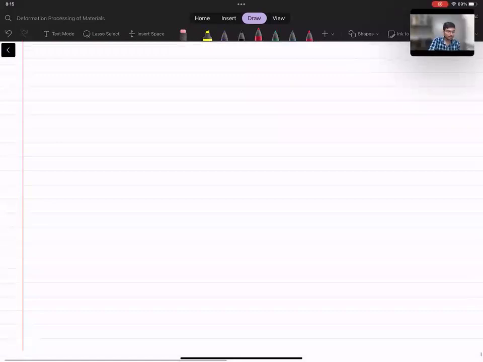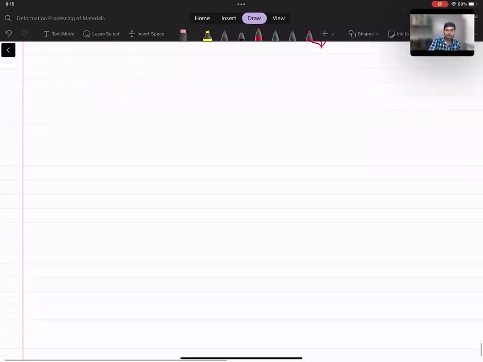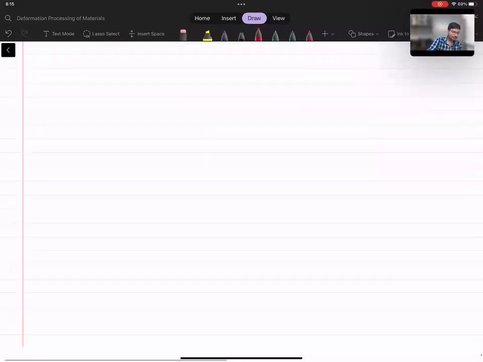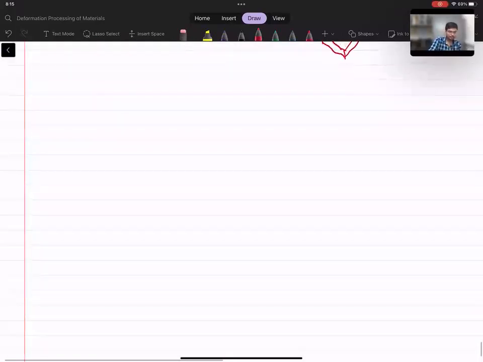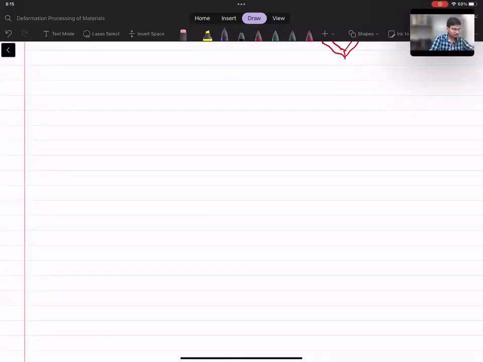So let us see something related to mill stretch and deformation of the rolls also. Another thing is mill stretch.